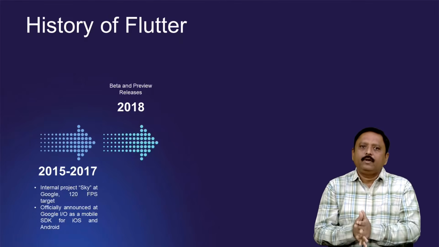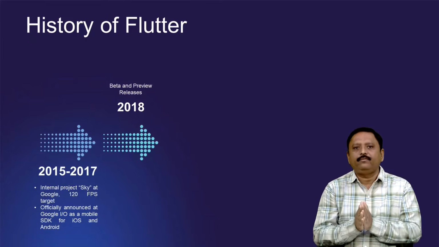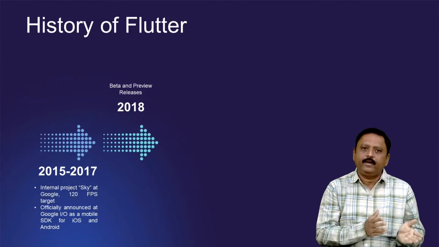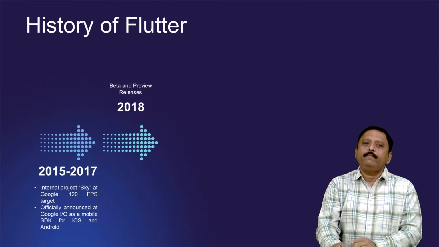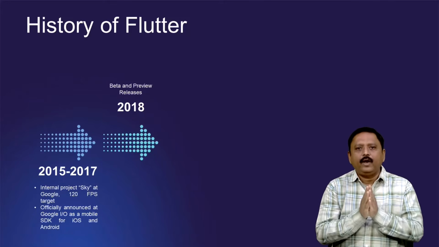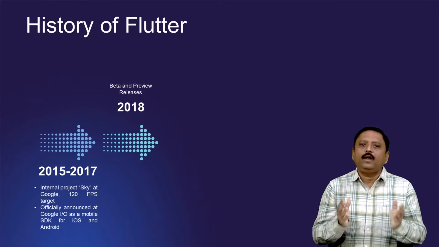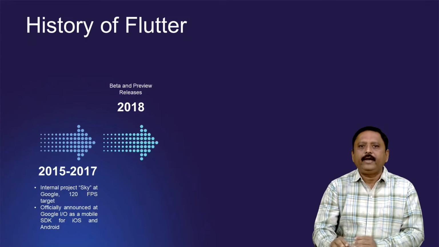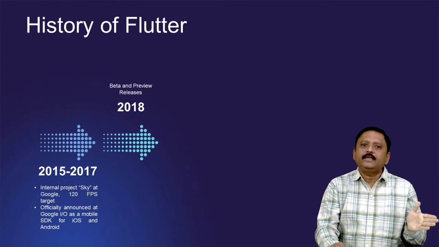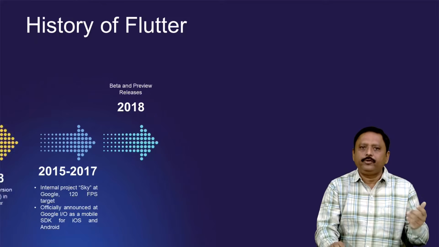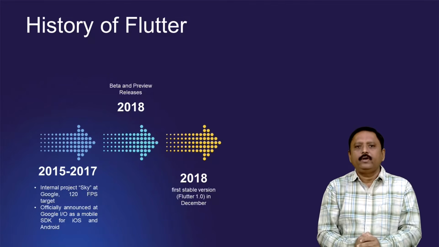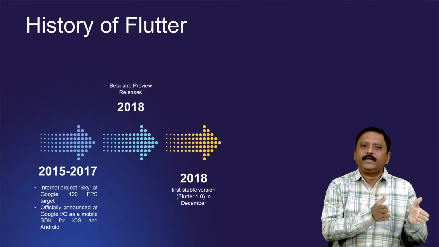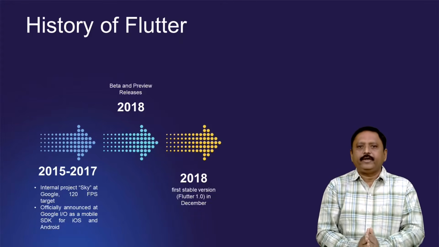During this time, Google emphasized the benefits of Flutter's fast development cycle, expressive and flexible user interfaces, and native performance. In May 2018, at Google I/O 2018, Google announced the release of Flutter Beta 3. This version includes support for Visual Studio Code, new widgets, and improved documentation, making it more accessible and feature rich.